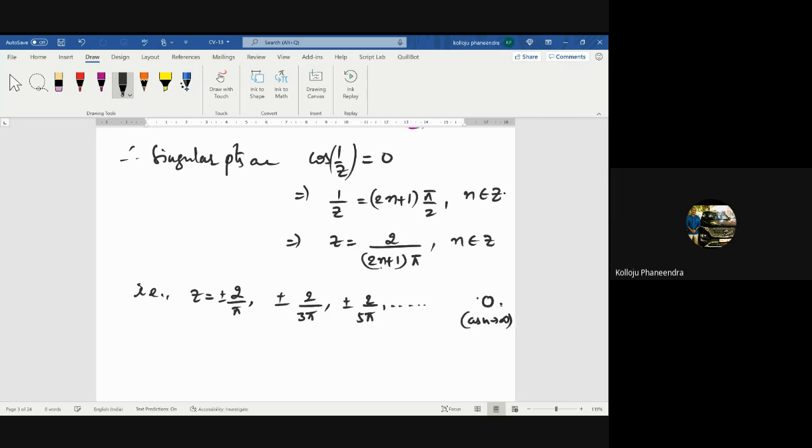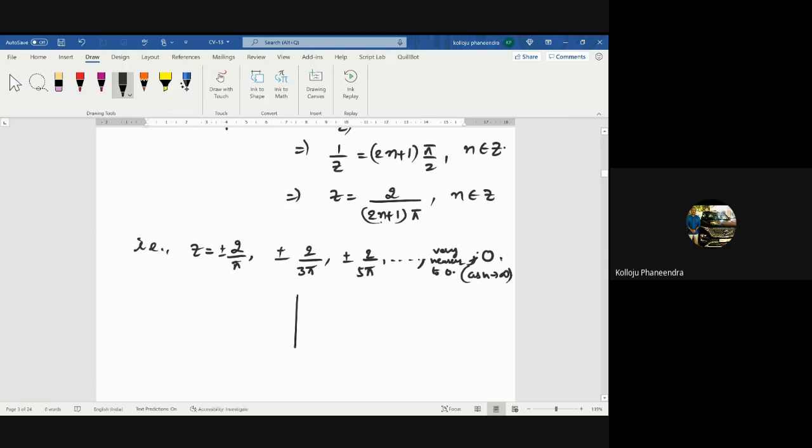Again, 0 is the last point. What is before the last point? The next singularity is very near to 0. Observe this, very near to 0. If I consider 0 as a singularity, I will write the limit as n tends to infinity of 2 by (2n plus 1) pi.